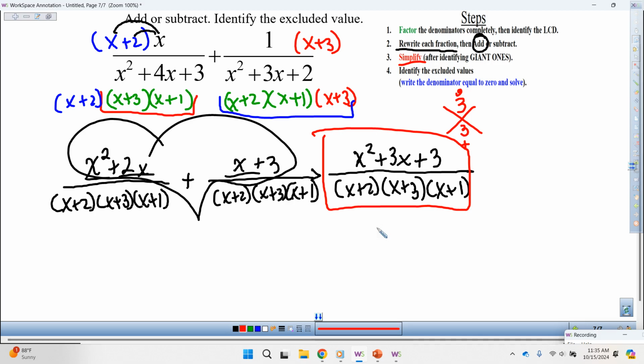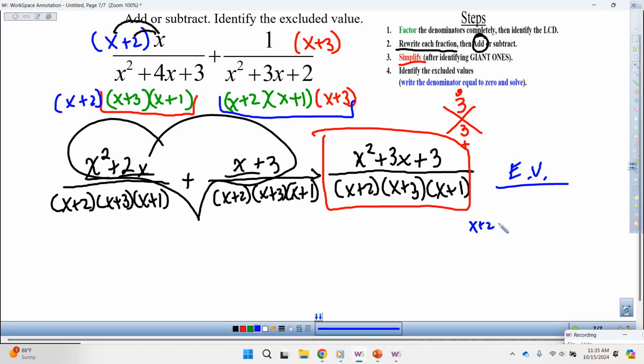However, for this one, I do want you to find me the excluded value. Tell your neighbor what to write, please. Excluded value. What do I write? Elijah, what do I write? Equal to 0? What do I equal to 0?